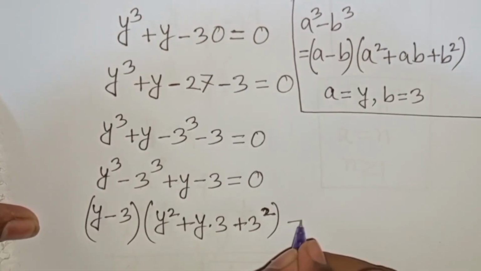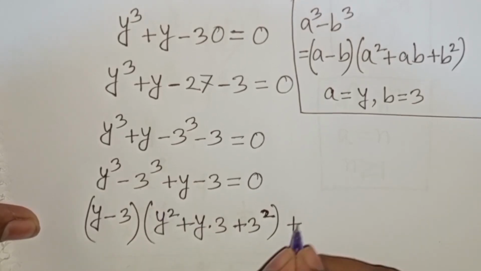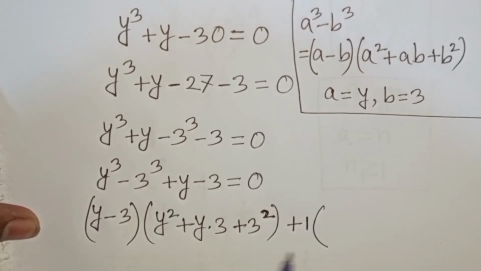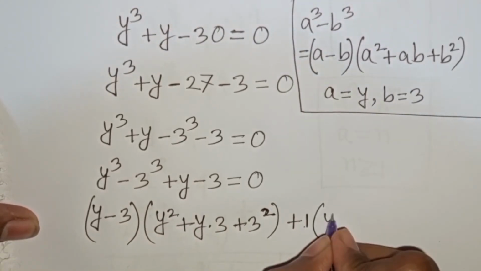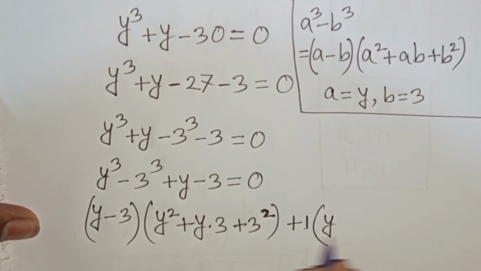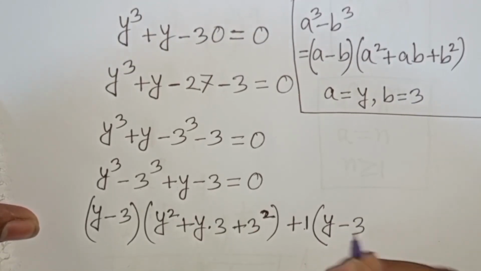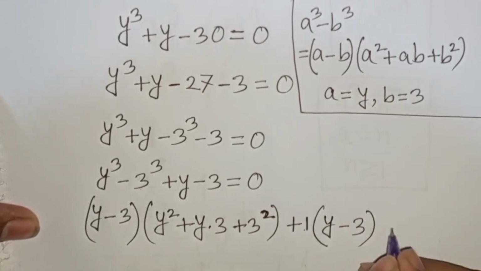Then plus, here we take common, plus 1 is common, so plus 1 is out of the bracket, so this divided by this, that means it will be y minus 3 divided by plus 1, that means it will be minus 3, then bracket close is equal to 0.